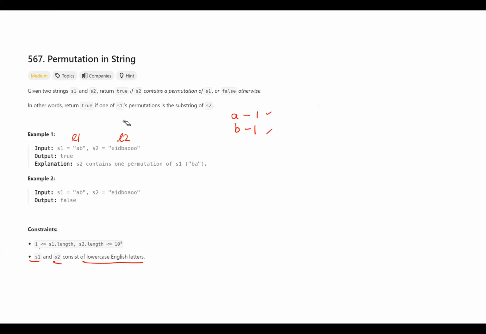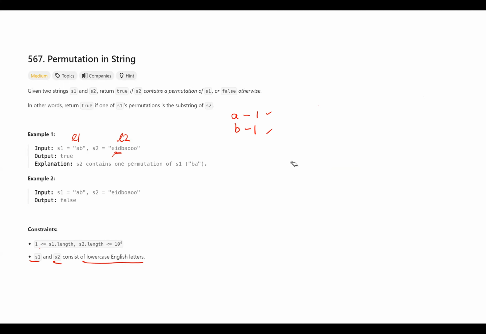So how many times can we move the window at most? There are L2 characters here, right? For each of them, if this is the starting point, then we take a substring of length L1. Then from the second one, again, we take a substring of L1.